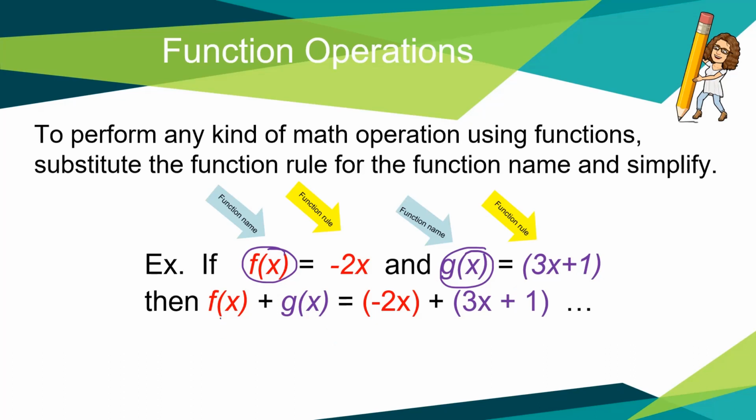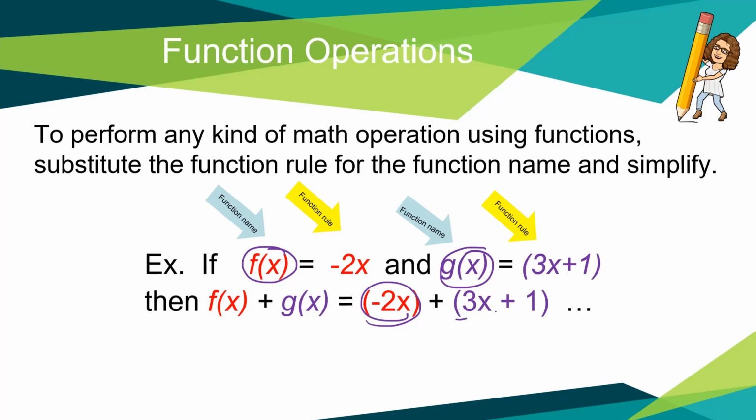Now, if I say f of x plus g of x, what I can do is take f's value, take g's value, and substitute. So f of x, they told me, is negative 2x. So I put negative 2x right there where f of x was, and then I put 3x plus 1 where g of x is. Now, I need to add those two together, so I'm going to combine like terms.